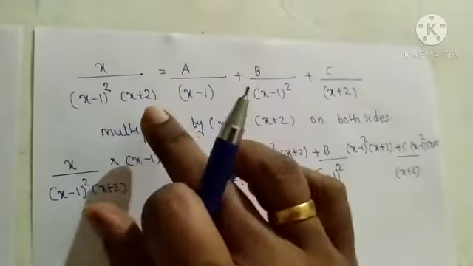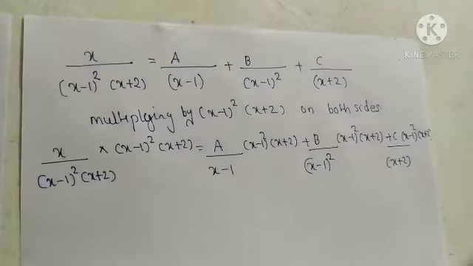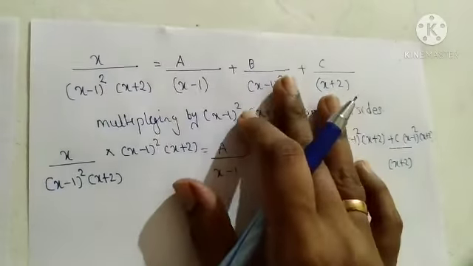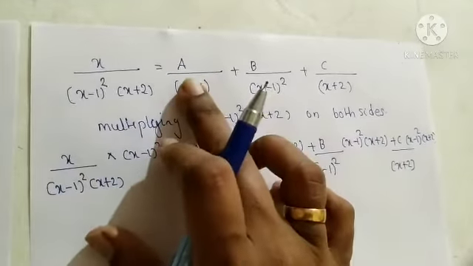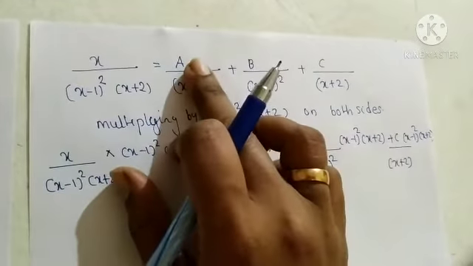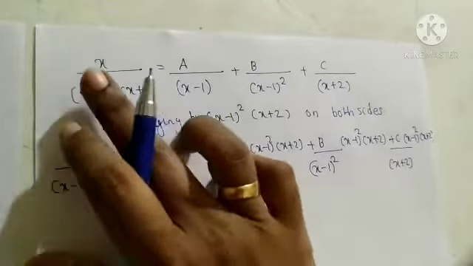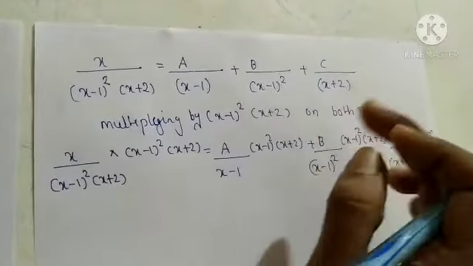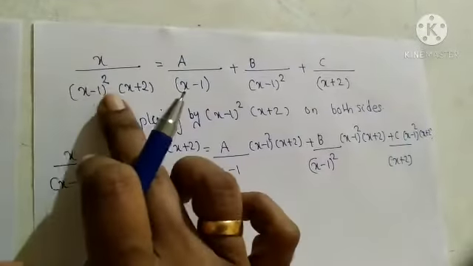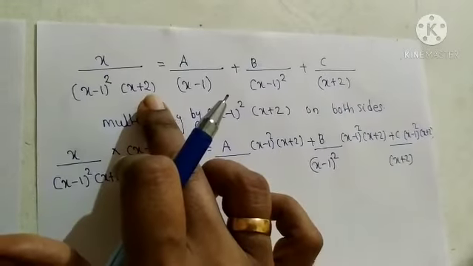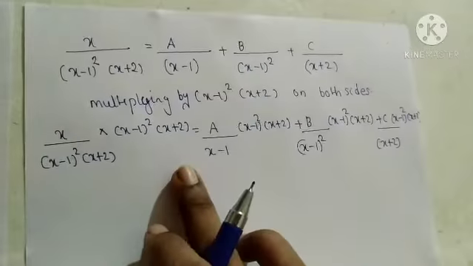So, by using partial fraction of the second type, next we need to find out the value of a. So multiplying throughout on both sides by the denominator, that is (x minus 1) whole square into (x plus 2). So this is our next step.